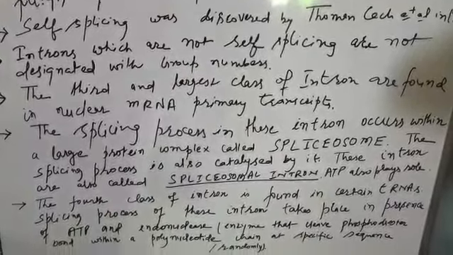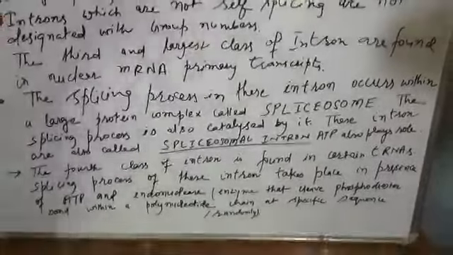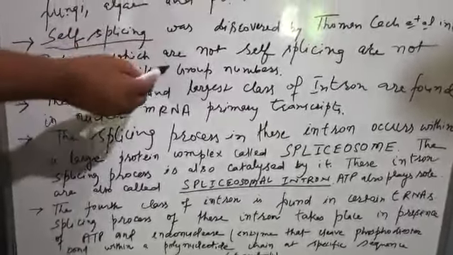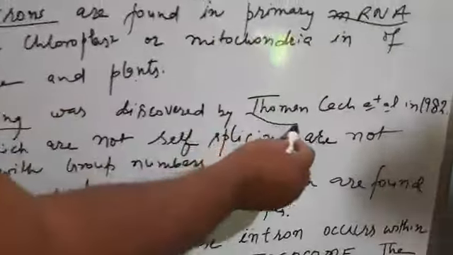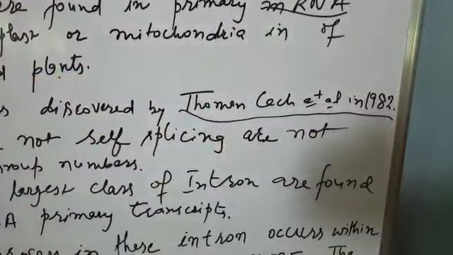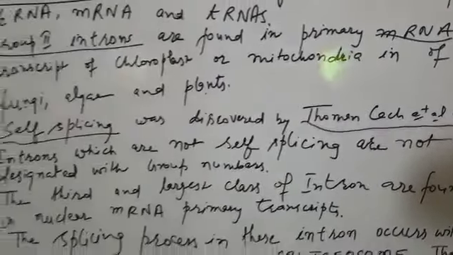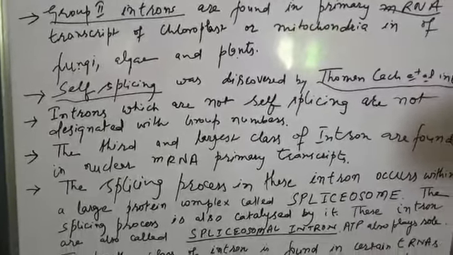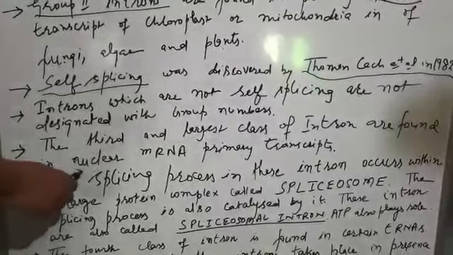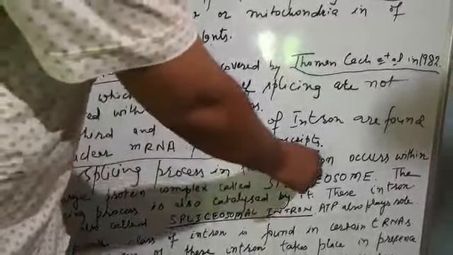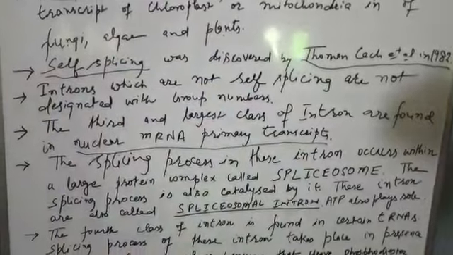There is one more point: self-splicing was discovered by Thomas Cech et al. in 1982. When we talk about class 3 introns, this is the largest and found in nuclear primary mRNA transcript.